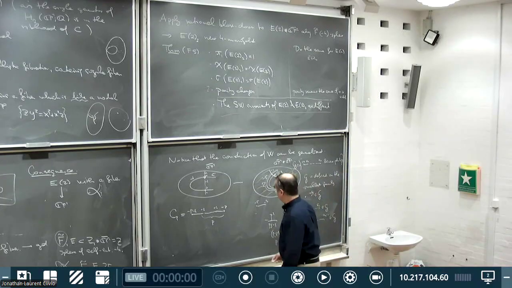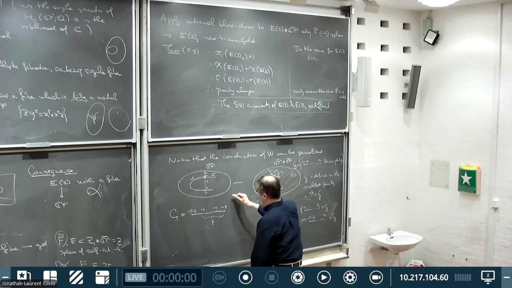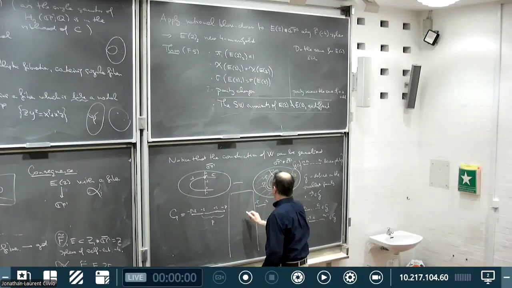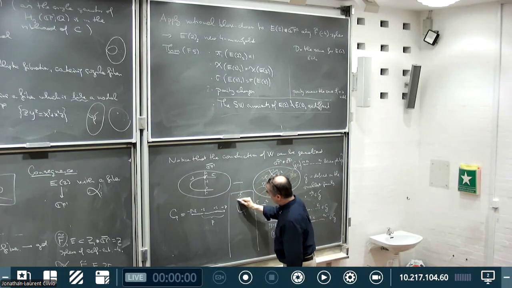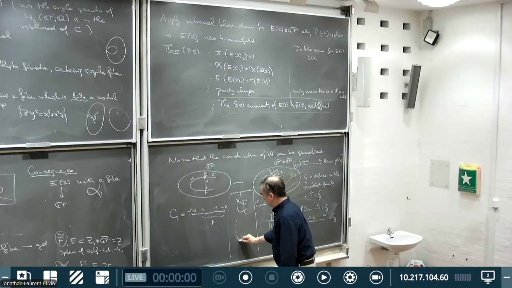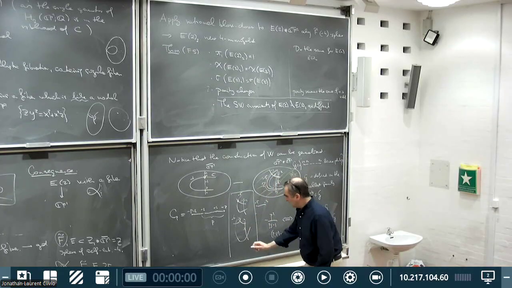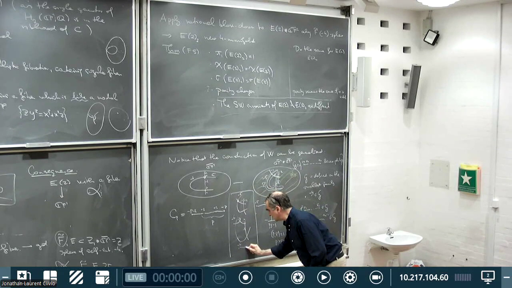When I blow it up again, it used to be like this, -5, -1, -2. I blow up this point, so this curve will become -6, a new -1, this guy becomes a -2, and there is an old -2, and the plumbing graph is -6, -2, -2.